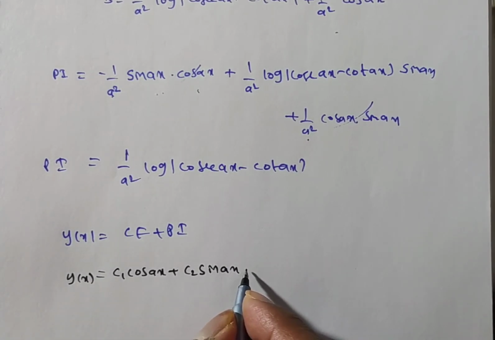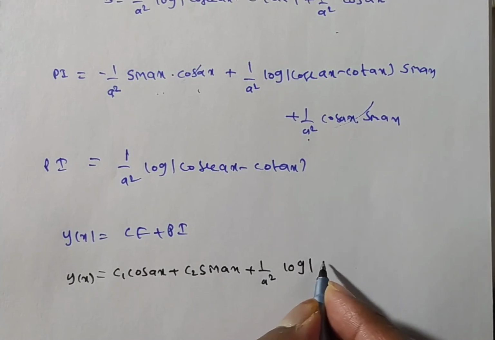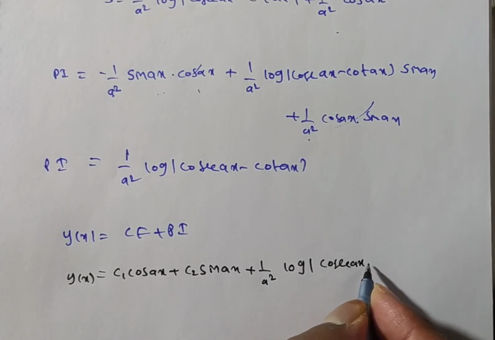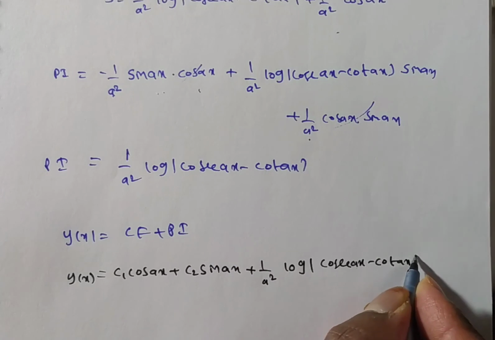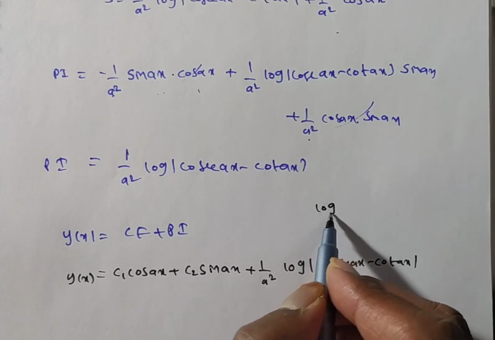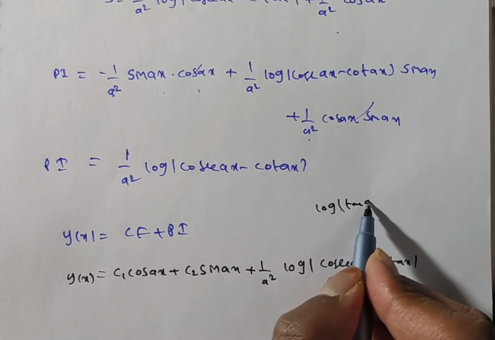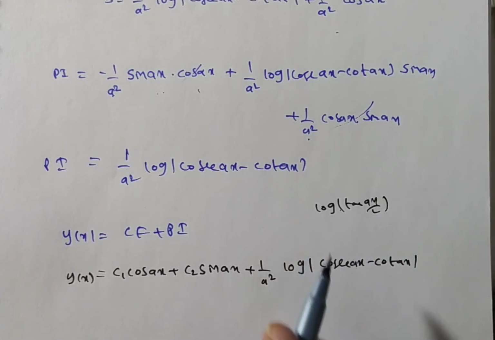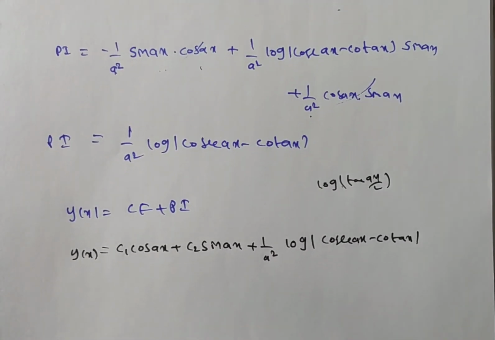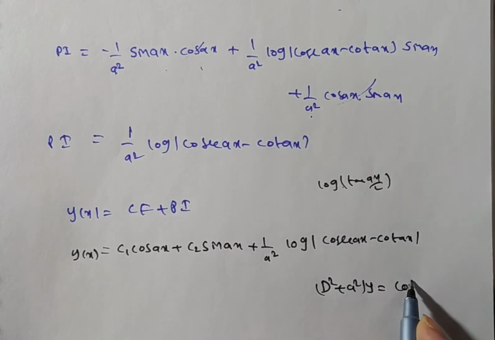Now the particular integral is plus 1 by a square log of mod cosecant ax minus cot ax. Friends, you see you have an integral of cosecant ax is log of mod tan ax by 2. Okay, this one also you can write, not an issue. Now this is the solution for d square plus a square into y is equal to cot ax.